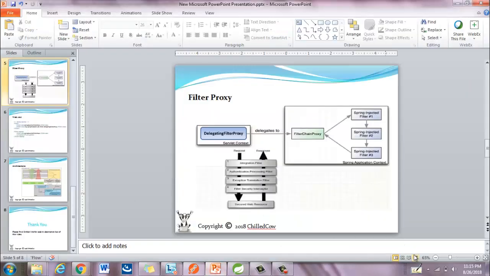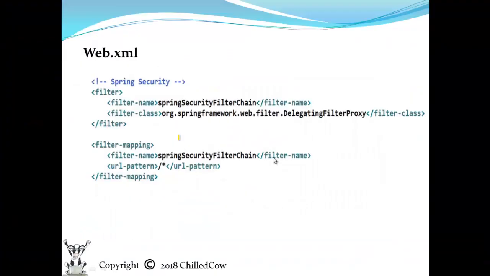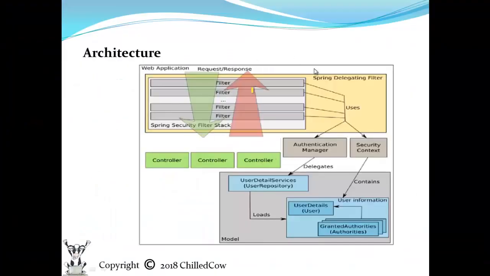Let me quickly go to the next slide. So this is the kind of architecture flow that is happening behind the scenes, and these are the different filter stacks within the security framework. Now a request is coming and passing through all the filters. So earlier, when we were not having any kind of custom configuration for the security, it was the default, blank implementation. All methods are there, everything is working fine, but there was no constraint, no security.